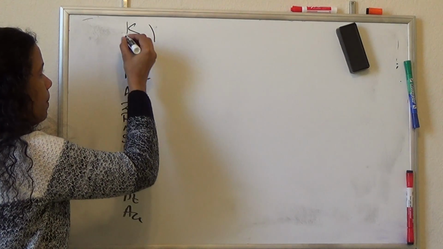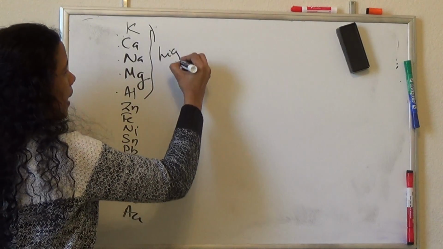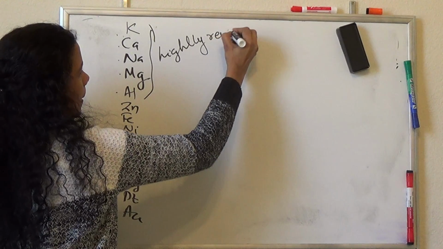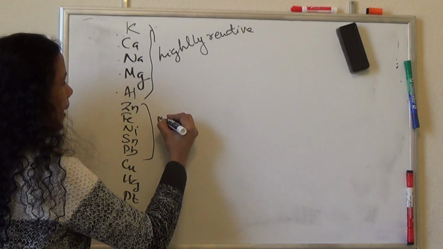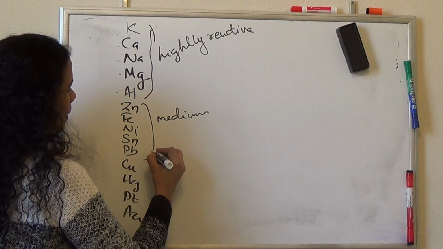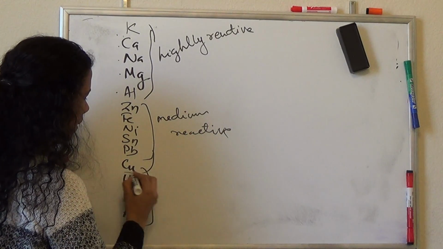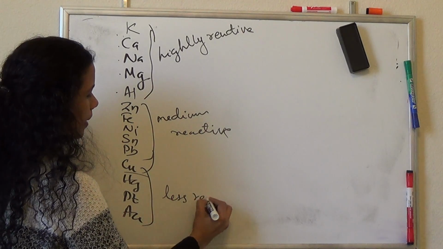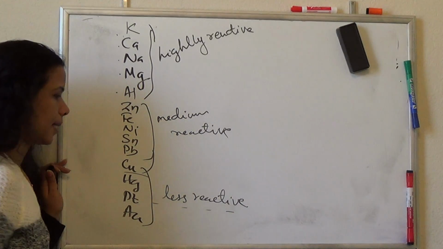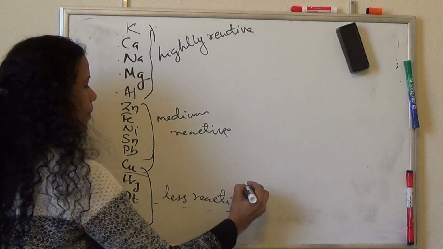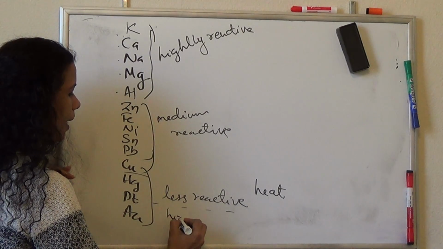So these metals, that is potassium, calcium, sodium, magnesium, aluminium, etc., we can classify them as highly reactive metals. Then this one, zinc to lead, medium reactive. We can include copper too, medium reactive. Then the last one, that is less reactive. So less reactive metals can be easily reducible by using heat, because their position is high in the Ellingham diagram.